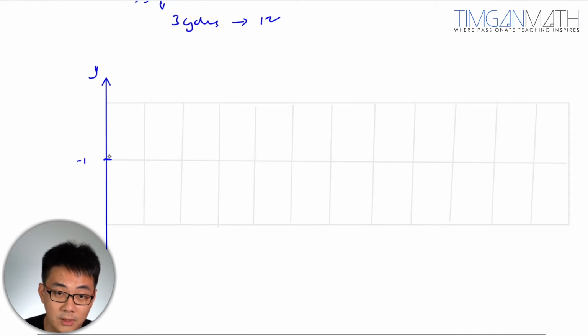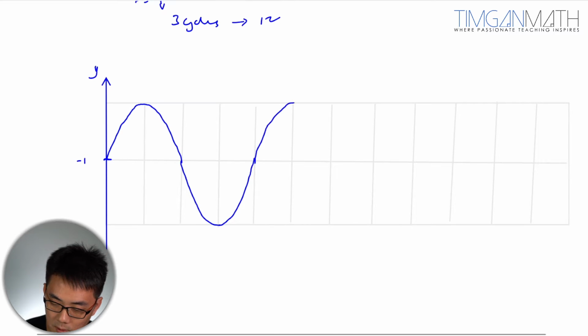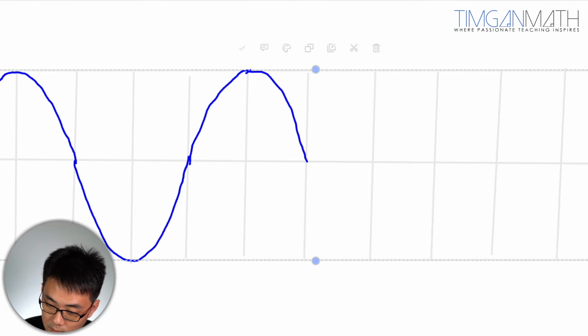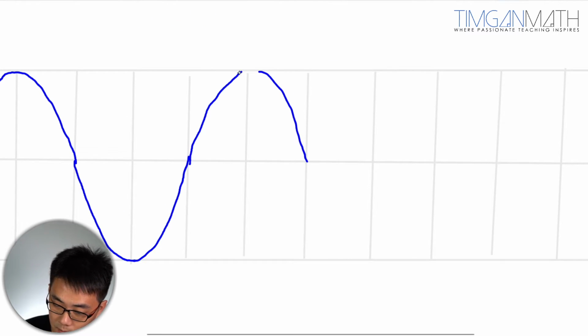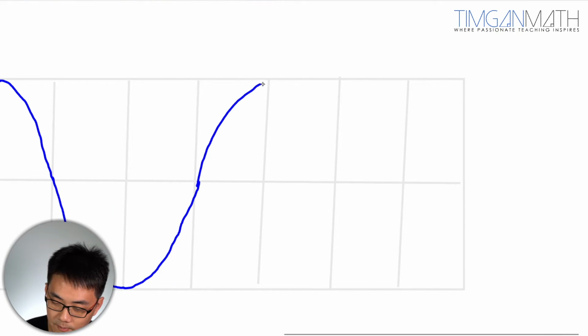For a sine curve, we know that it starts from 0, which is here, goes up, comes down. So go up a quadrant, come down again. Here you have 2 wavelines, so go up.